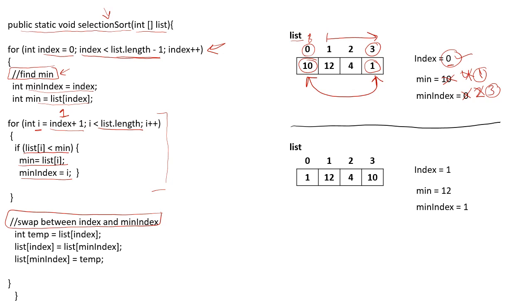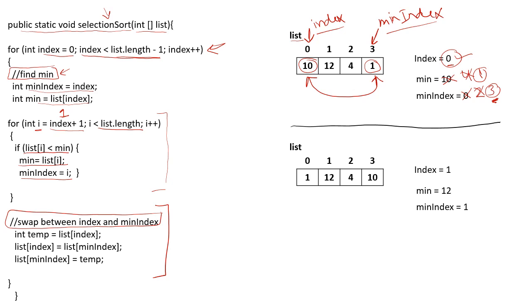So the swap should be between the element at location 0 and the element at location 3. In terms of variables, the element at location 0, we are referring to it as index. And the element at location 3, we are referring to it as minIndex. So we have to do a swap between list at index and list at minIndex. And this will be our second step.